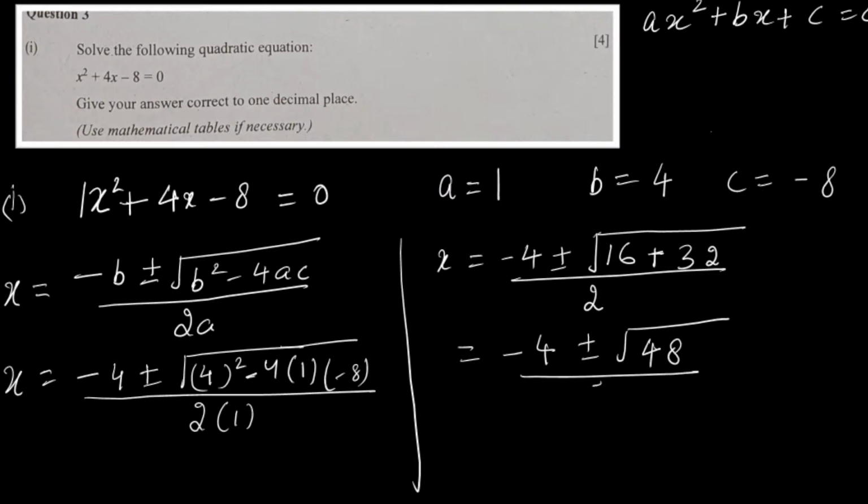Square root of 48. From the square root table you can directly see the value of the square root of 48. I want you to tell me the value of the square root of 48.